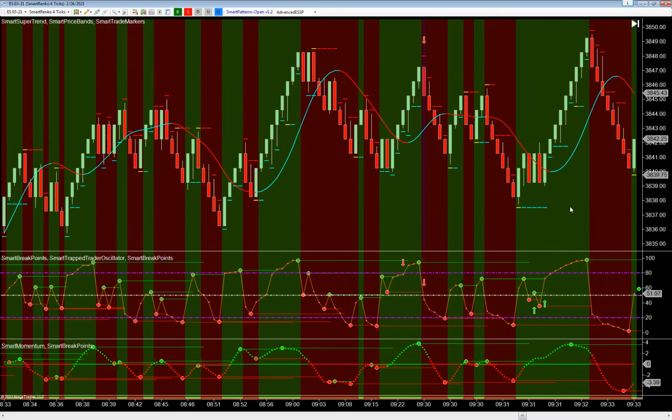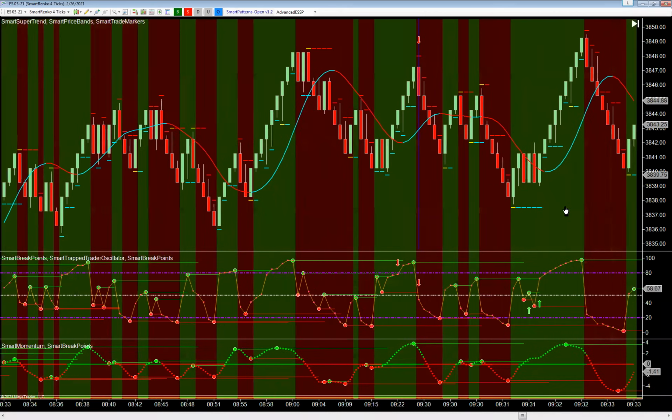So for the recaps that I show you, I only mark the trades that come from Trapped Trader Oscillator in an extreme area. So that would be a reversal from an overvalued area or an undervalued area. And somebody asks, well, why do you do that? Because if I didn't, I'd have to look at every one of these dots in every situation.